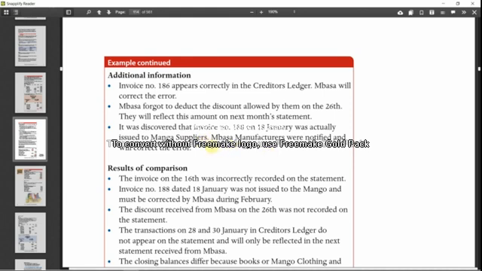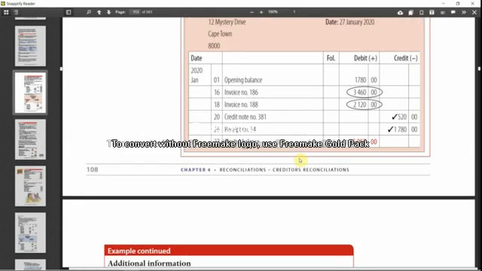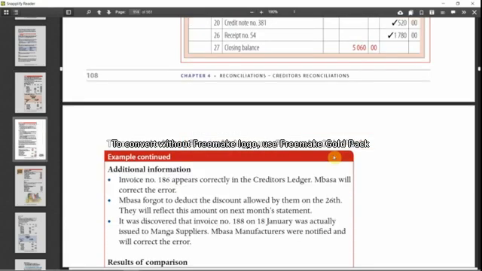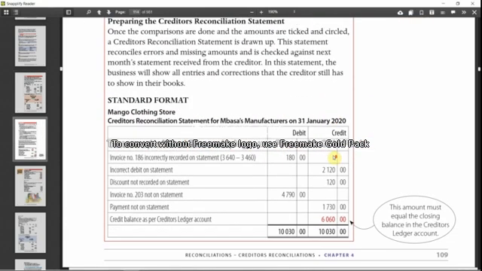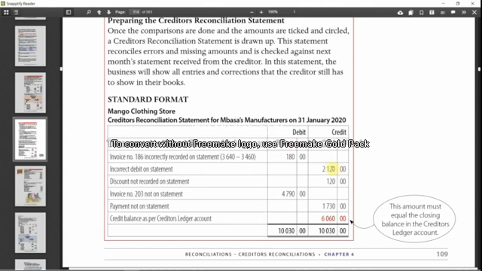So therefore they made an error which they will fix. We for now will have to fix it on our equivalent of their statement, the creditors recon. So let's just go and see 188 they put on the debit side. So therefore we will have to put it on the credit side of the creditors recon. There we go, there's the 2120.